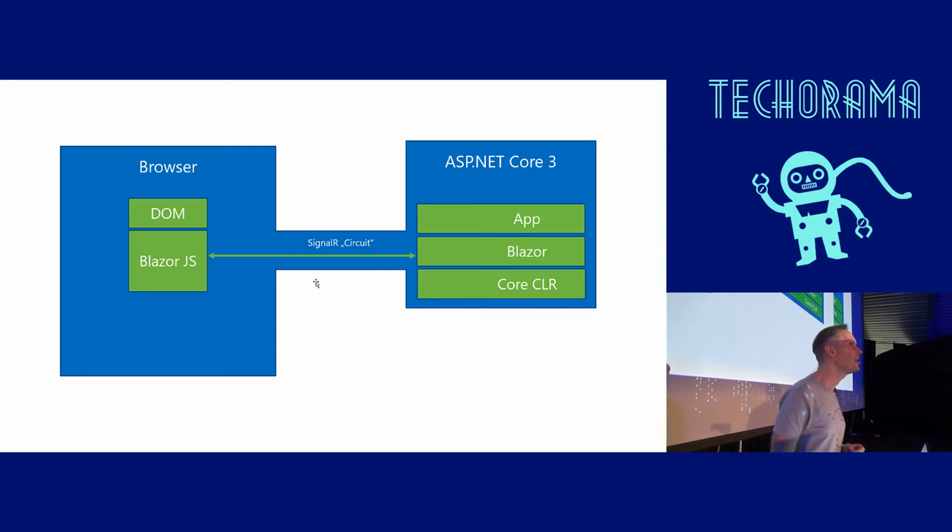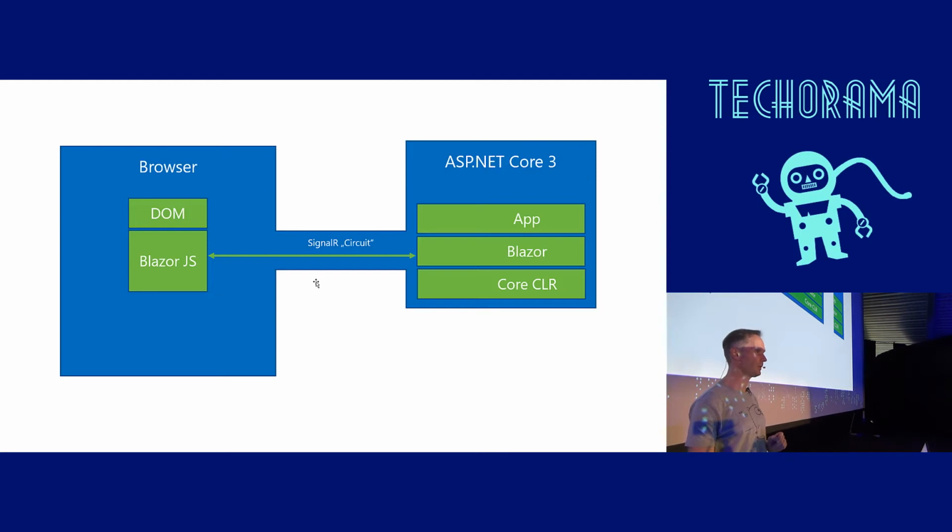So therefore, we don't have just one circuit open, but we have a lot of circuits open. We'll talk about that in a second. When the Blazor JavaScript starts to run, you have the option, I want to emphasize that, to do pre-rendering on the server.